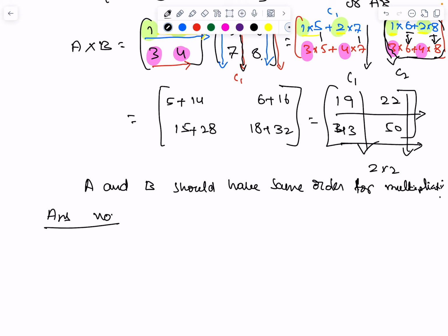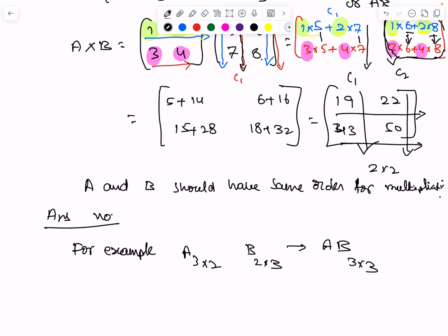In this case, A can be a 3 by 2 matrix, B can be a 2 by 3 matrix. In this case, you can get AB as a 3 by 3 matrix.